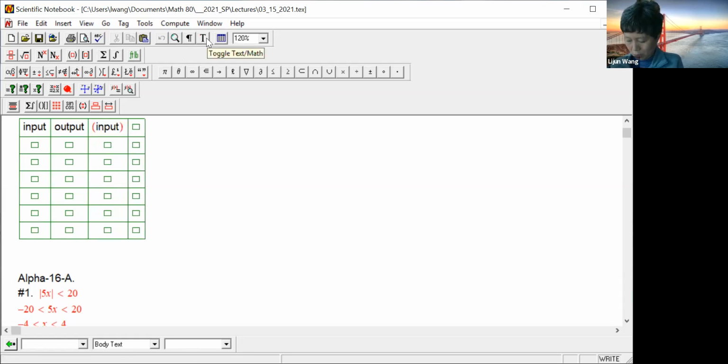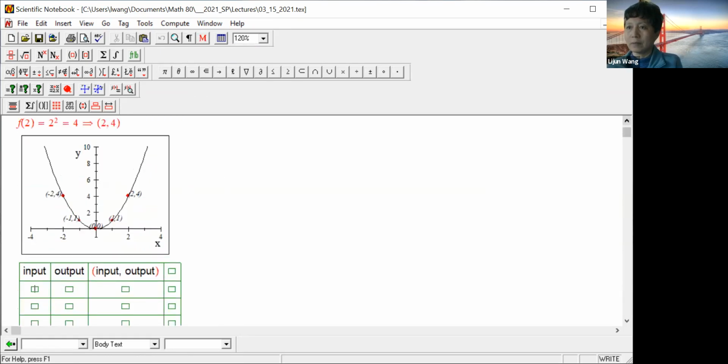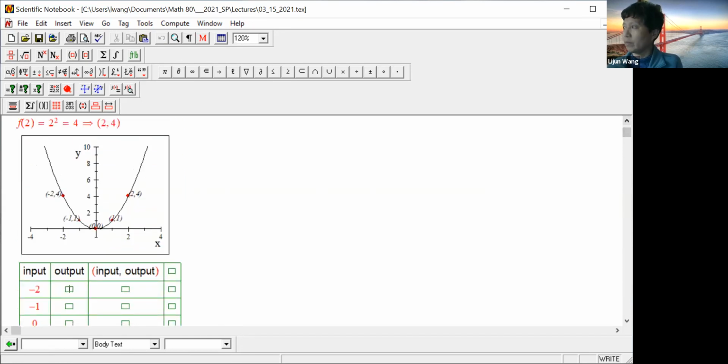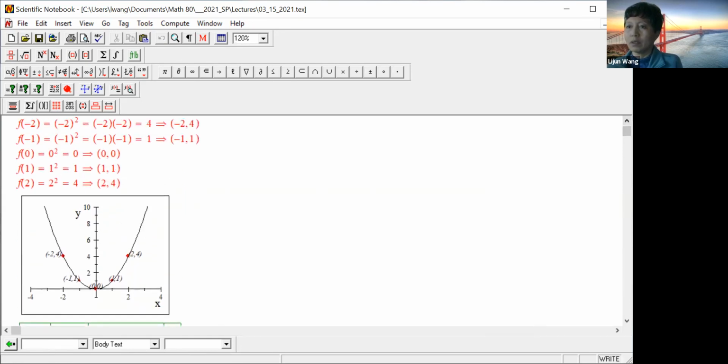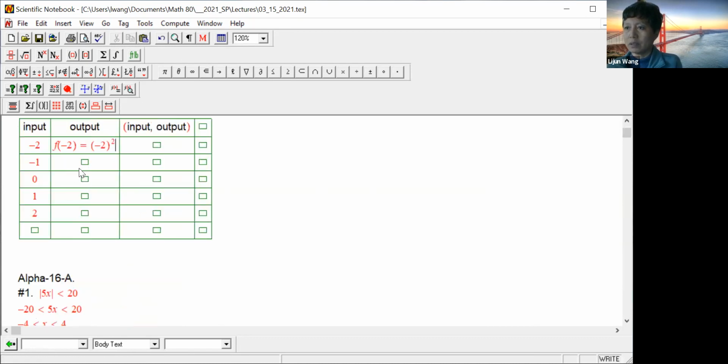Input, comma, output. So input will be -2, -1, 0, 1, 2, right? And output, what are the outputs? So I'm going to put these outputs out there systematically.